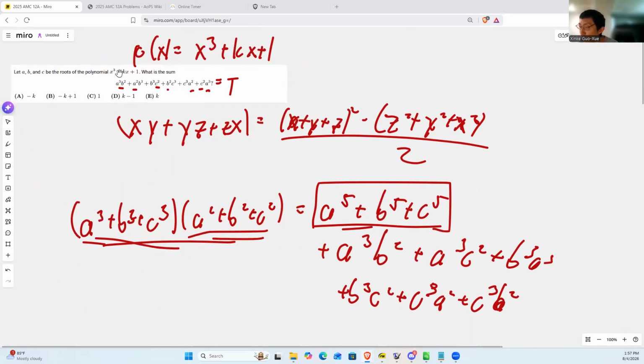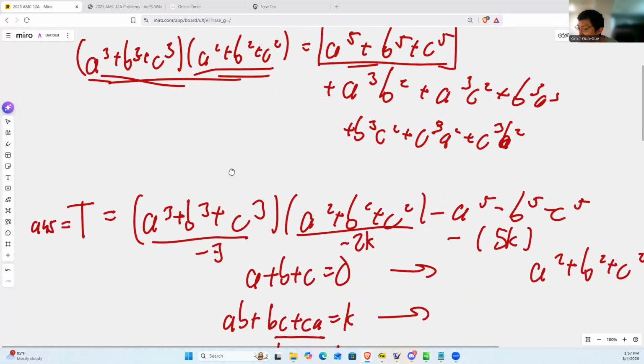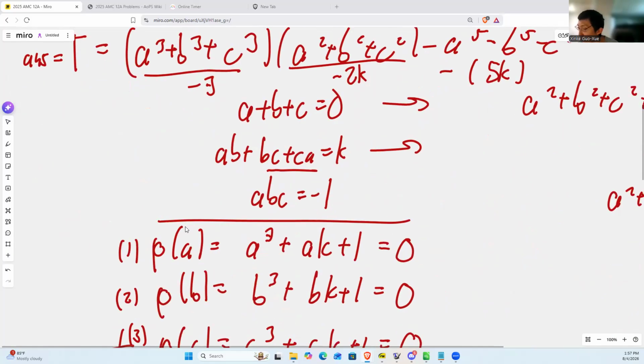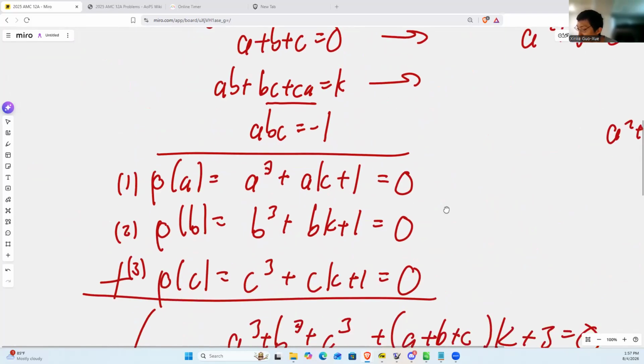So then we gave a name to our polynomial, x cubed plus kx plus 1. And then we plugged the roots into this equation. That gave us a cubed plus b cubed plus c cubed.